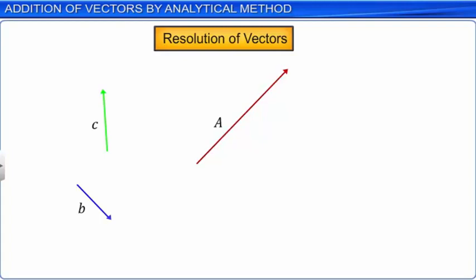O and P are the tail and head of A respectively.